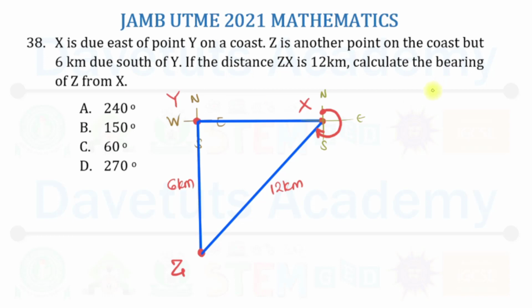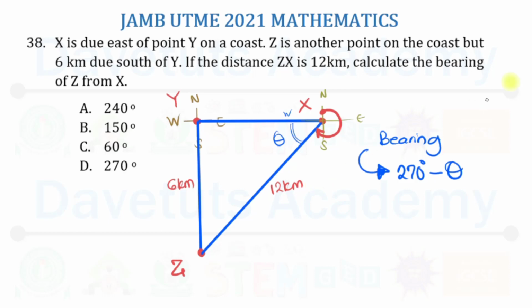Let's try and see if we can solve this holistically, because the bearing we are looking for, if you are observant, is nothing but 270 degrees minus theta, if we can find this angle theta. From the north to this particular west is 270, that's 3 quadrants. If I take out theta from here, it will constitute the value I'm looking for.